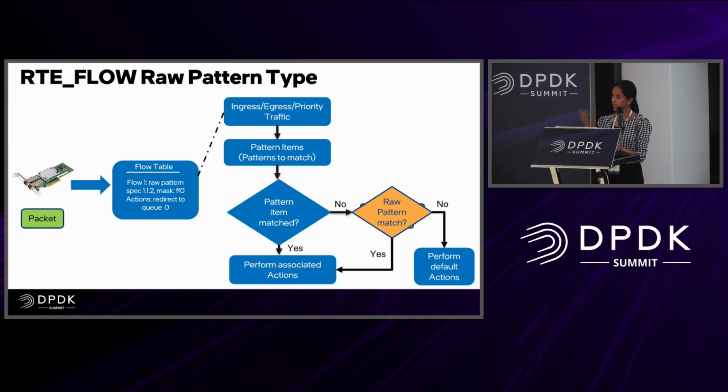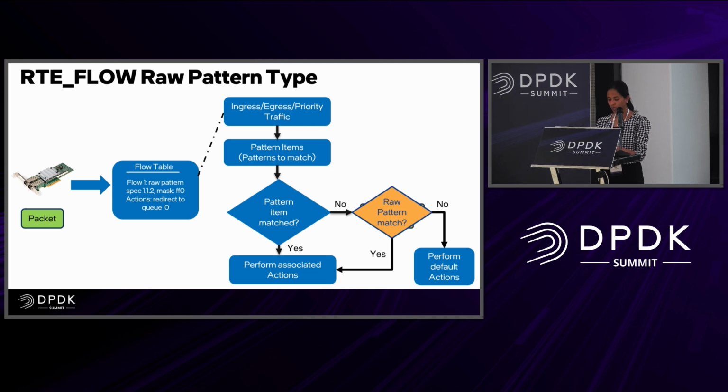In that case, the raw pattern actually helped them. They didn't need to rewrite the whole driver to support that particular flow or pattern. They just used the raw pattern, and they were able to hash on the value of that.